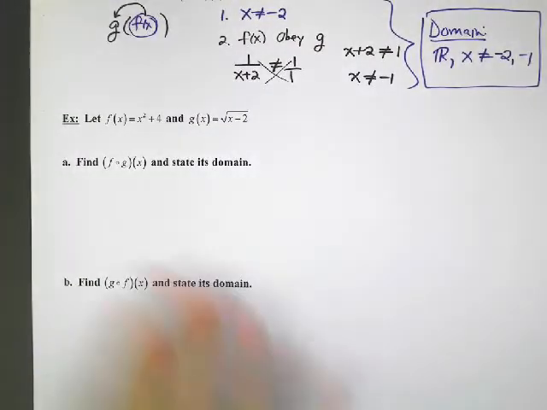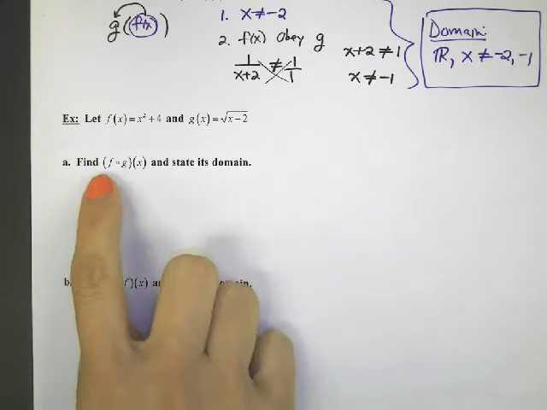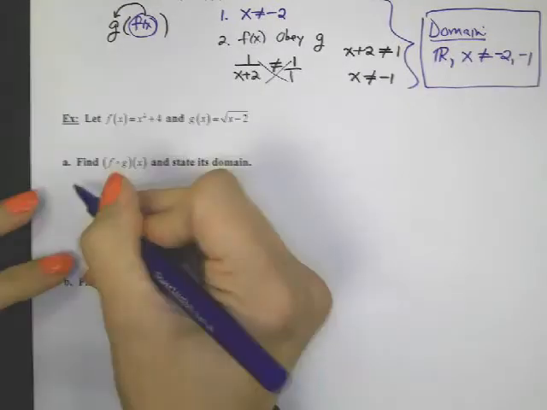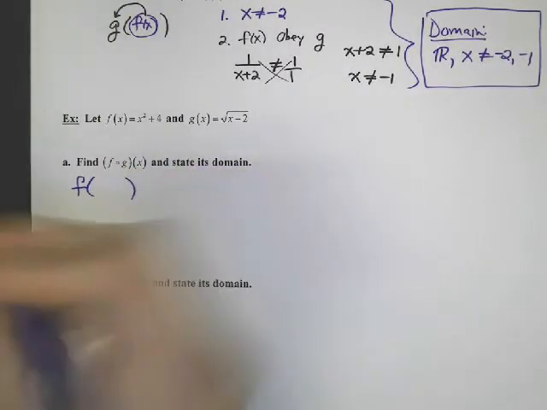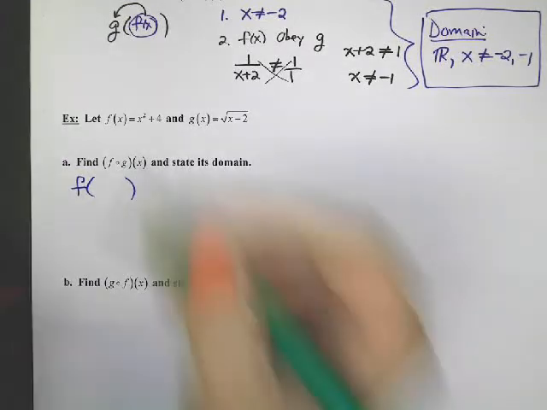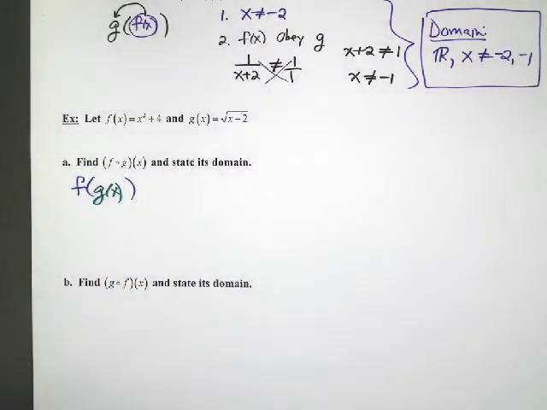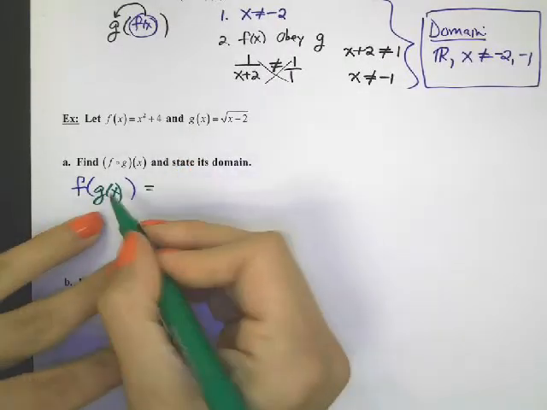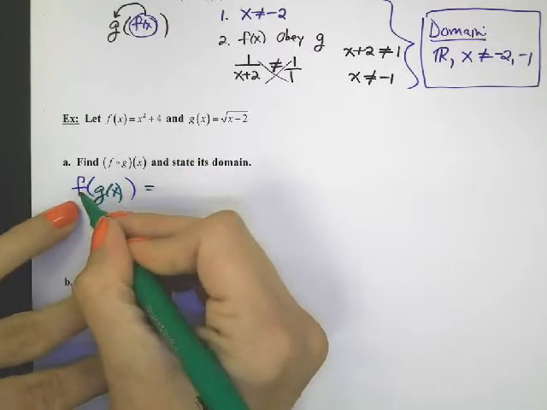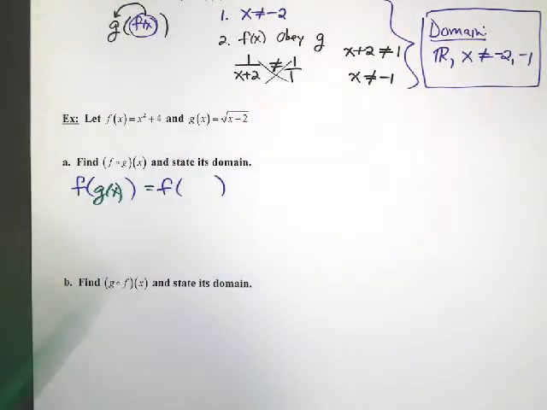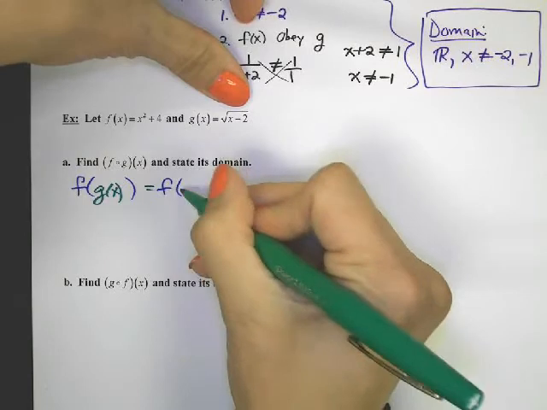Okay, this example wants us to do a little bit of extra work. They want us to find f of g and find the domain. Okay, let's make sure we read the directions for these problems. So first, we have to find f of g of x. So first I want us to do some composing work. Okay, so g has to go into f. So let's write down the big F, and let's write down the g function.